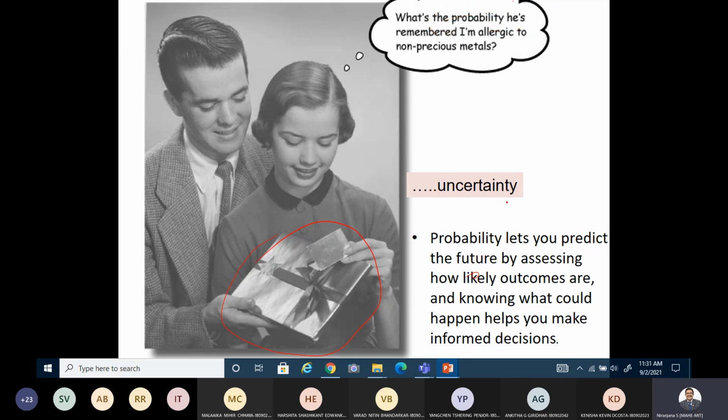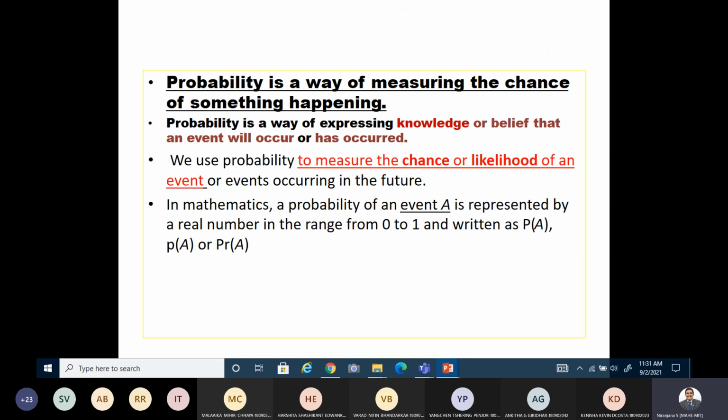This comes associated with this problem. Probability is a way of measuring the chance of some happenings. All of you are aware of that. It's a way of expressing knowledge, or it helps you to quantify some occurrence.